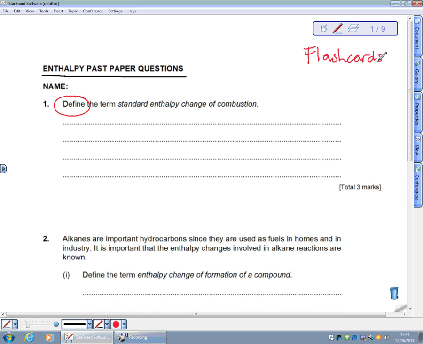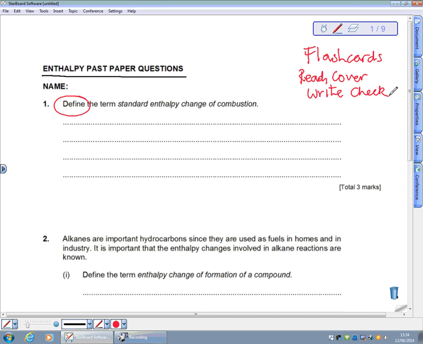The way to remember them is possibly doing read, cover, write, check, just as you did when you learnt your spellings when you were younger. You may also find that an app for your phone is useful so that you can have a little memo pad with all of the definitions on that you can flick through whilst you're perhaps travelling home on the bus.